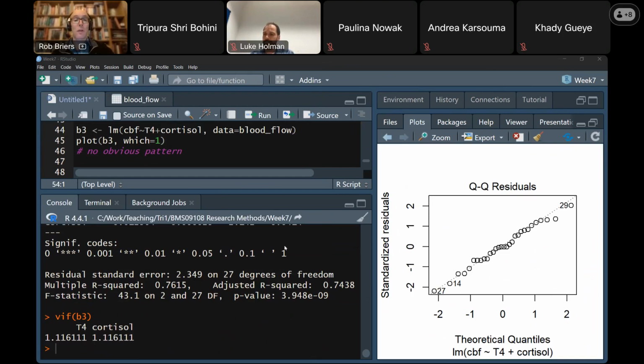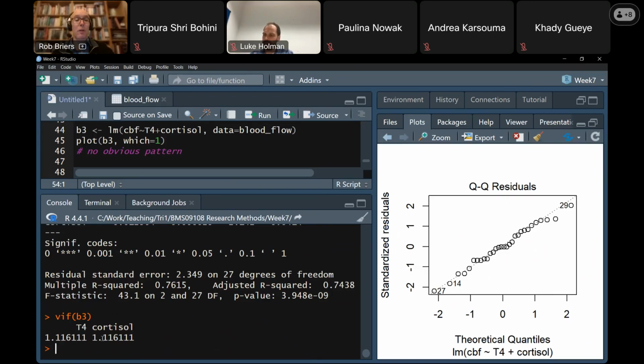Here, the values are quite low, so that's basically a good sign. If one of the values here was, say, around 5, then that would indicate there was a correlation between those variables, and we wouldn't be able to include both of them together.